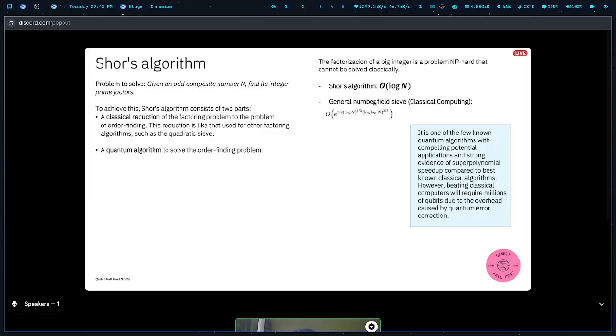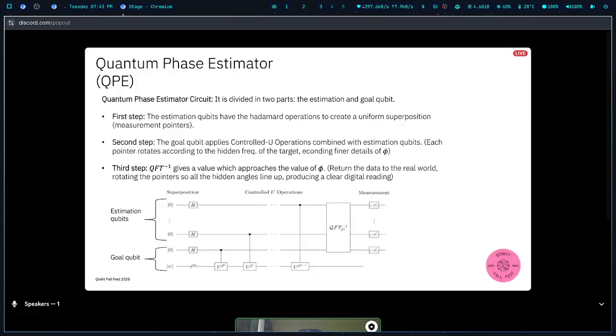Again, we will need millions of qubits to be able to perform these algorithms, to compute with RSA-256, for example. Again, this is the same as the quantum phase estimator, but some specific algorithms need more qubits.